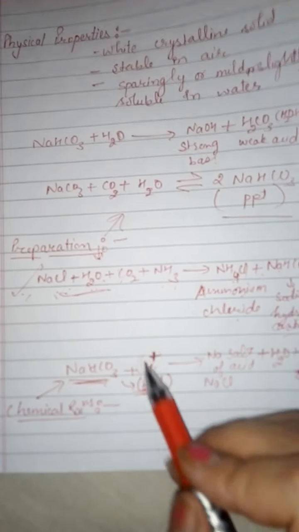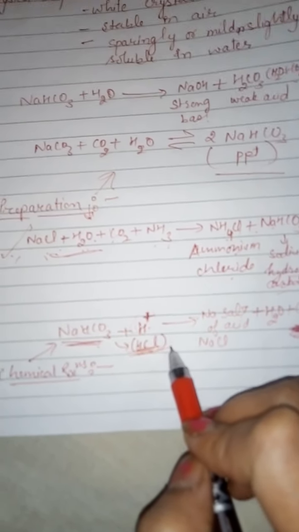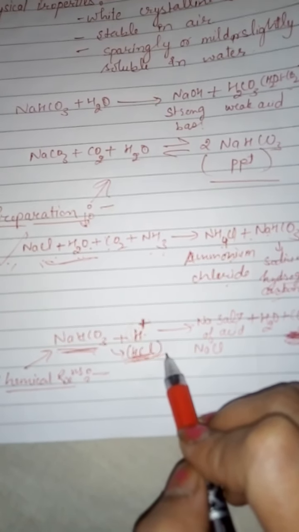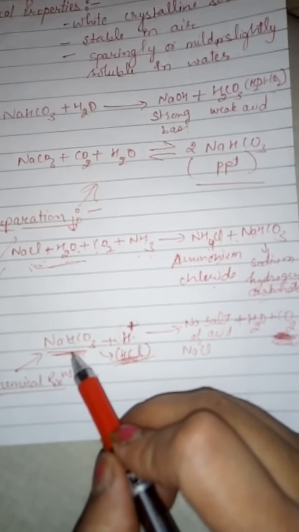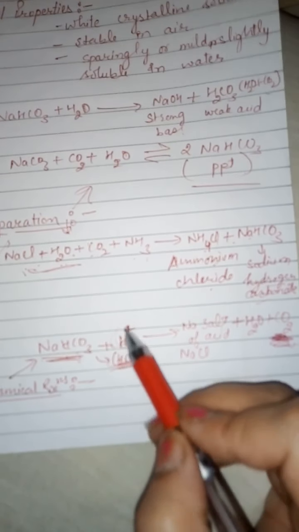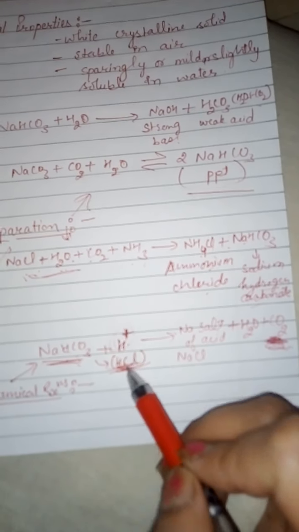Then reaction with acid. Earlier we have already discussed how metal carbonates react with acid. So when sodium hydrogen carbonate reacts with acid, here H positive is from the acid. If you are taking HCl, then from HCl.